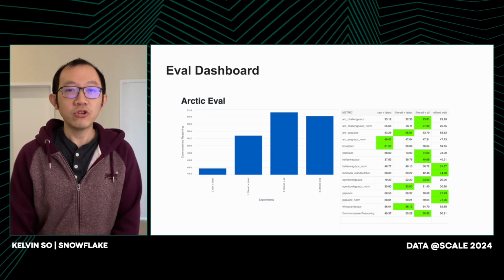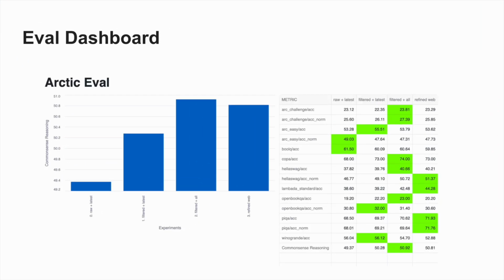Finally, I would like to show you our eval dashboard. To iterate on our data quality, we run hundreds of data ablations to validate if the changes, such as the filtering that we have built, are helping with model quality. When the experiment is run, we store the eval result within Snowflake. And we also built a simple eval dashboard to help us track progress of the experiments that we run.